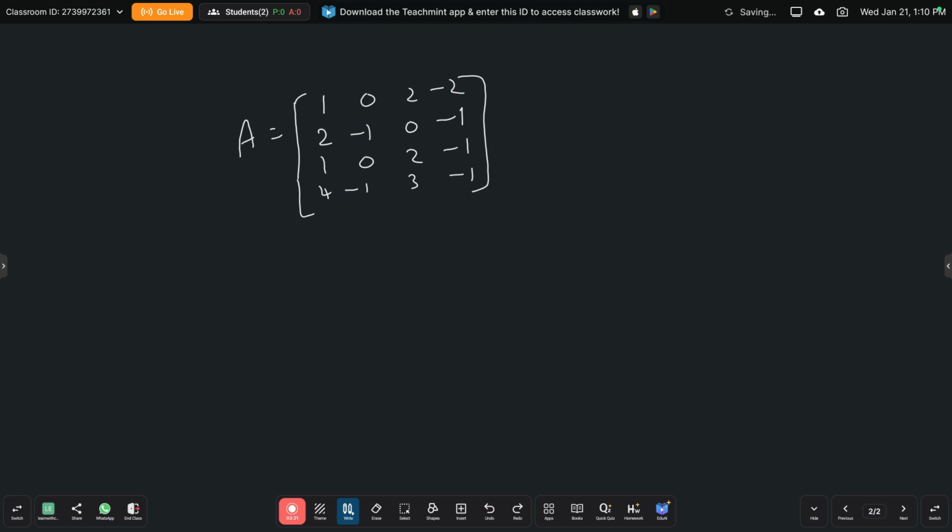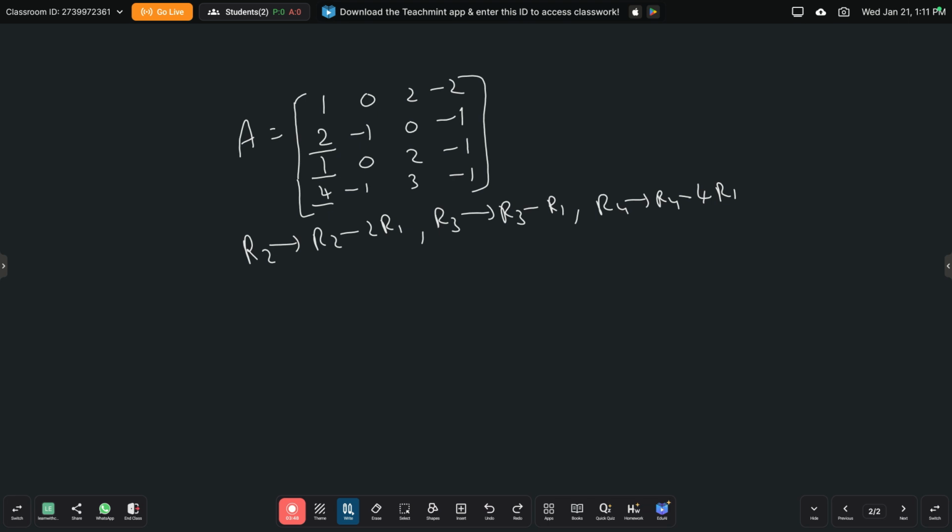For this, we have to convert this 2 into 0, 1 into 0, 4 into 0. So we apply R2 gives R2 minus 2R1, R3 gives R3 minus R1, R4 gives R4 minus 4R1.